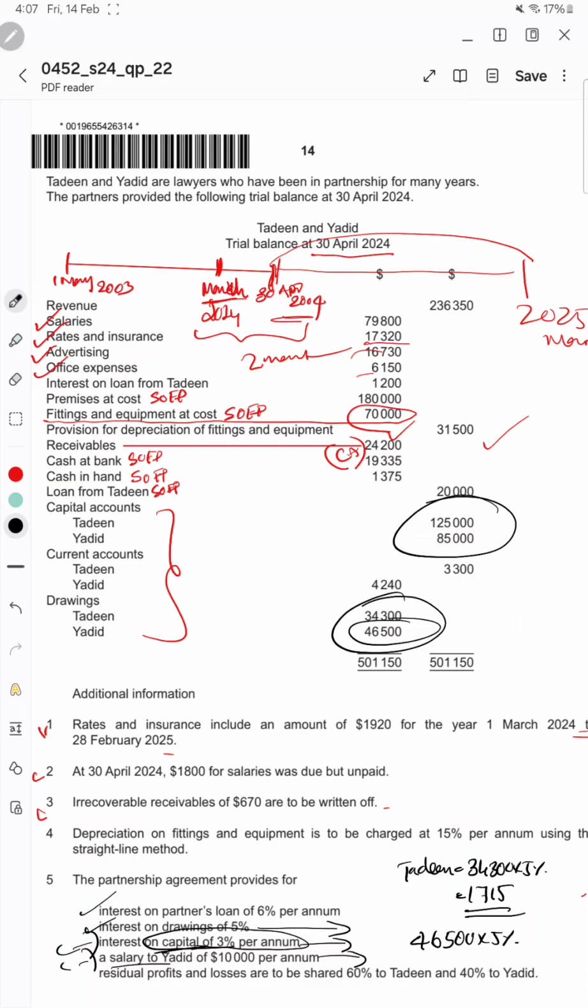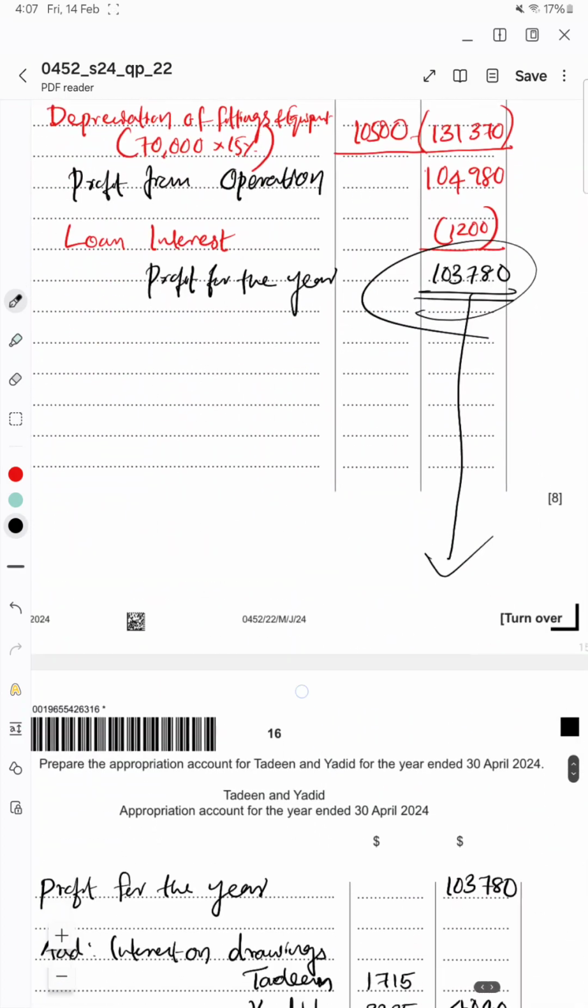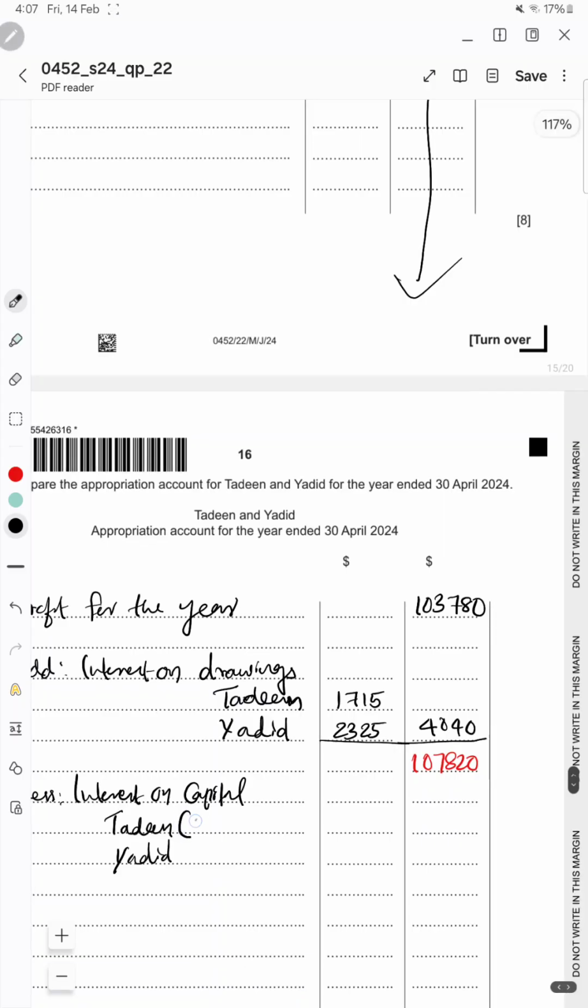So calculating 125,000 into 3% and 85,000 into 3%. Calculate it.